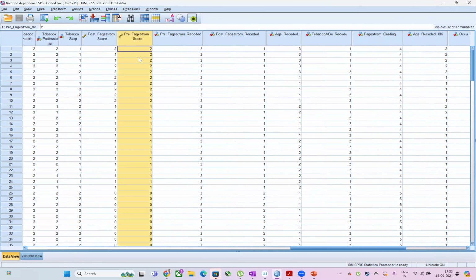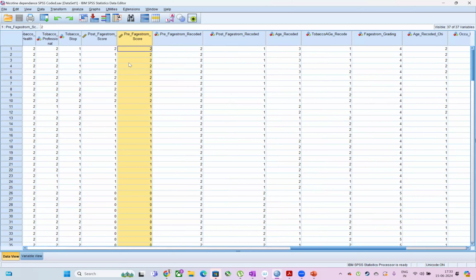This is the raw score based on the computation of all the questions, the 8 questions or responses, measured on a scale as a continuous variable. Now I want to find the association between this score and marital status.